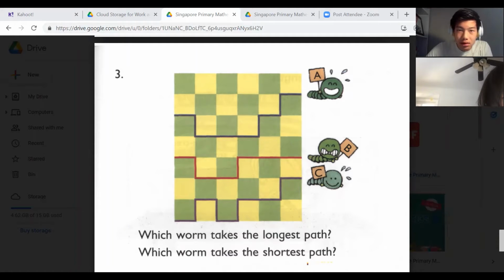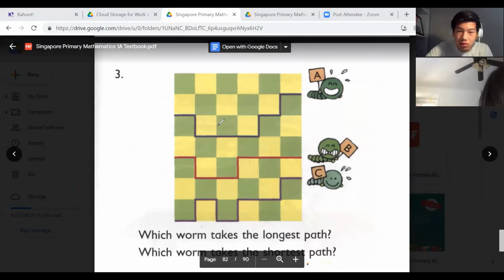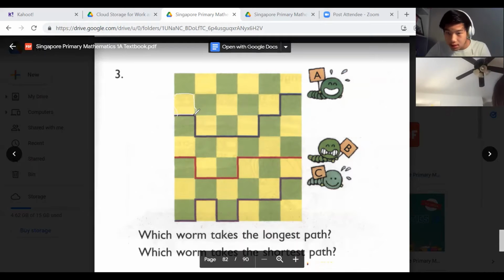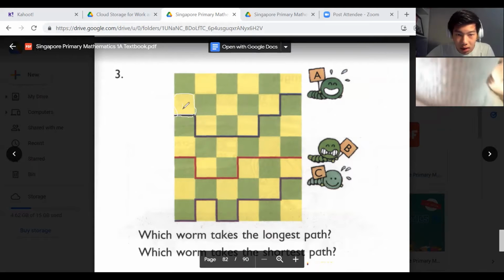To find the length, we're going to have to count each individual, what we call tile, okay? And tile in this case just means square. So basically we're counting each square. By that, I'm talking about these little guys over here. So each of these boxes is a square. And so every time there is a square, you would count one, okay? And so for this little blue line here, that would be one.